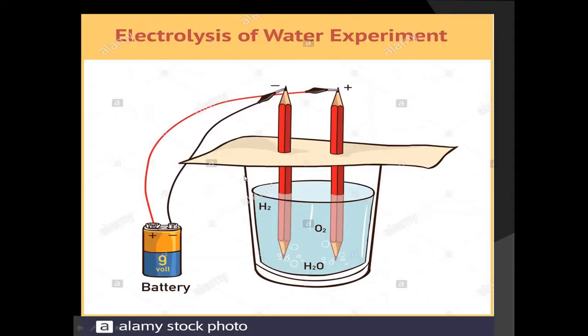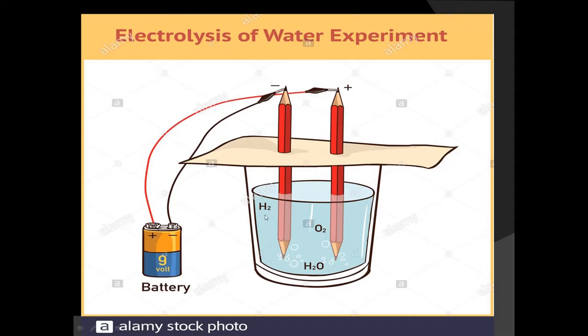Right, next we will go for the same type of experiment. I find it very interesting, so I wanted to share it with you. Electrolysis of water experiment. Most of my students have done this, and you can also try this at home. Since you are at home now, take simple materials like a plastic glass, 2 pencils and a battery, and make the arrangement as shown in the image here, and you can see bubbles of hydrogen and oxygen getting collected.